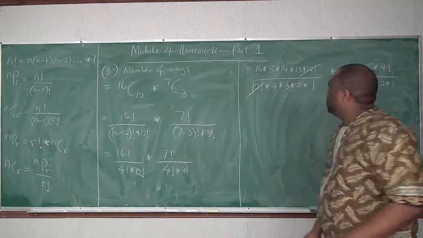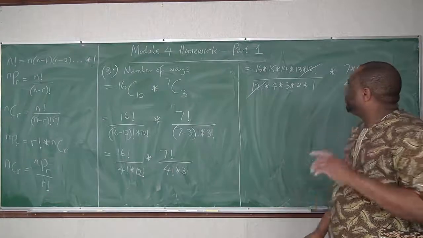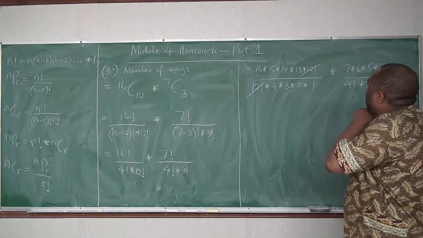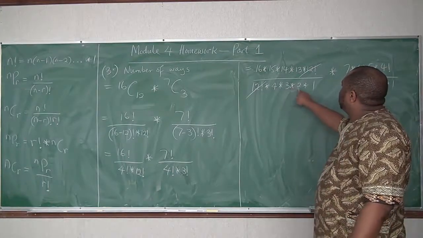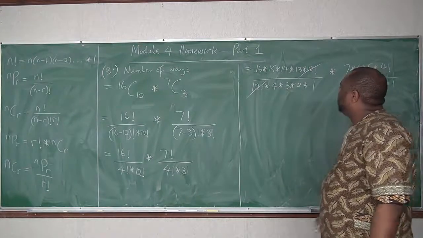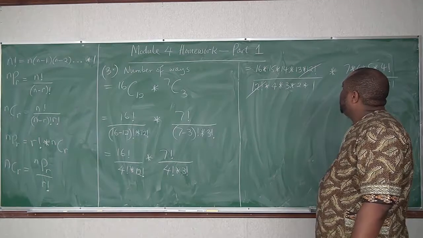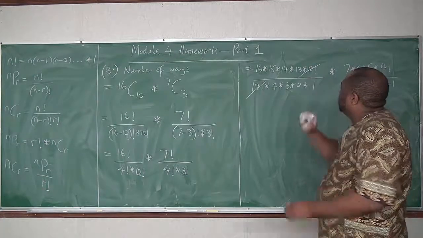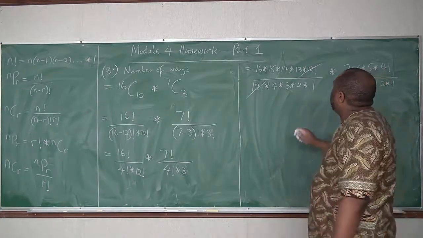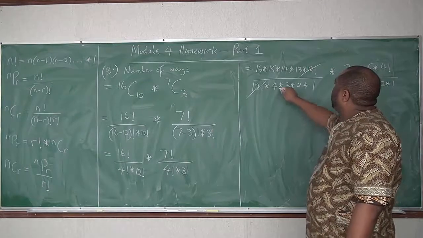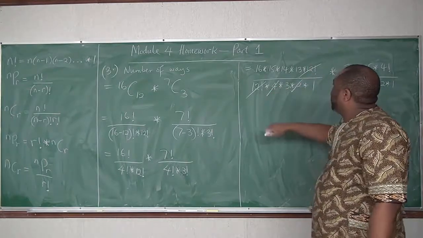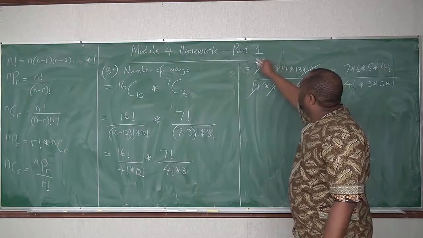Bam, bam. That's gone. Alright. 4 times 2, 8. 4 times 3, 12. 3 times 2, 6. So 4 and 2 is 8. 8 into 16 is 2.